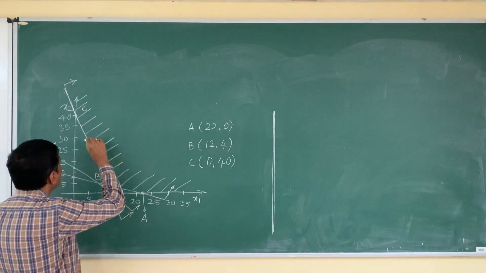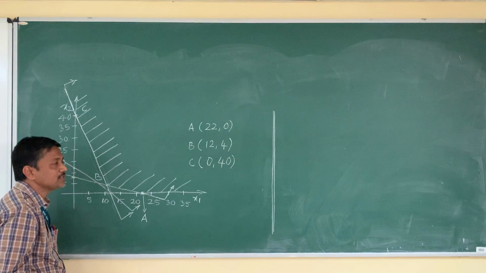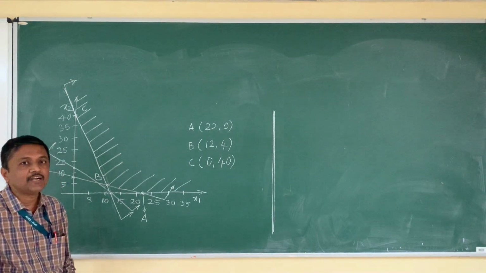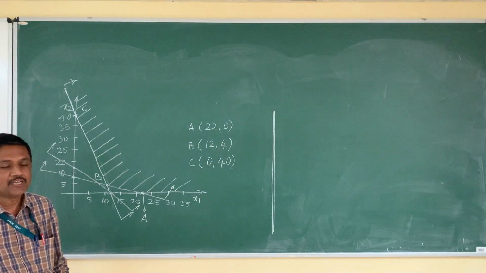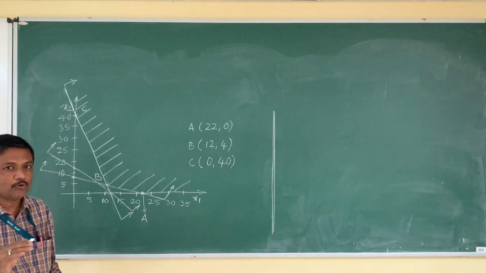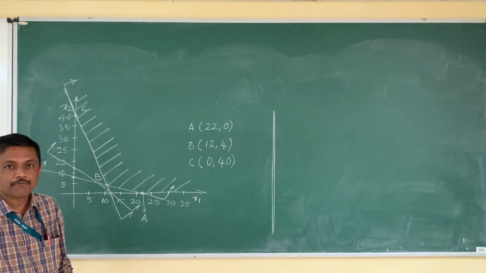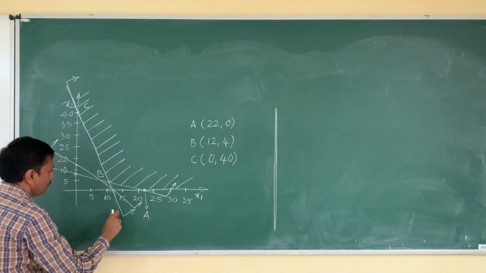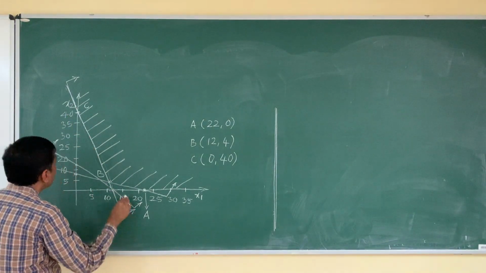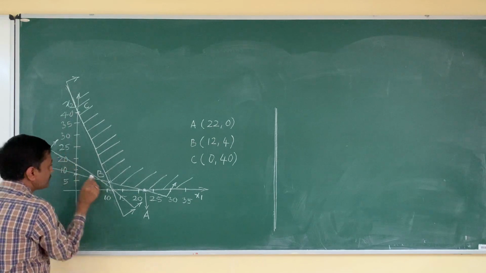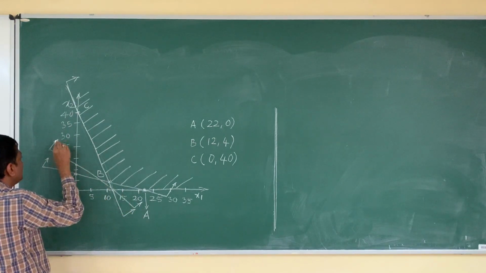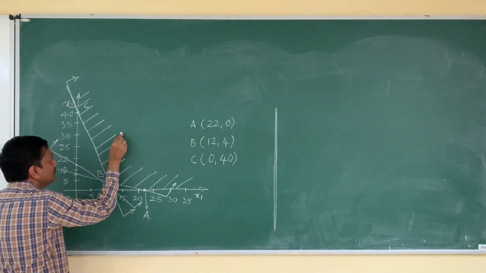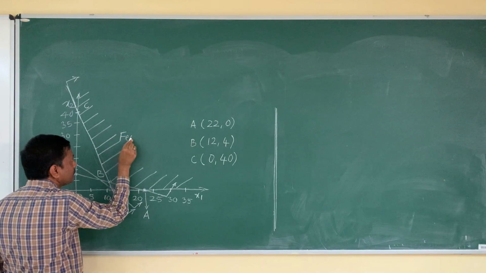Then we are going to have this region because all the constraints are greater than or equal to, so we have to take the region away from the origin. So the feasible region, we are going to get this.